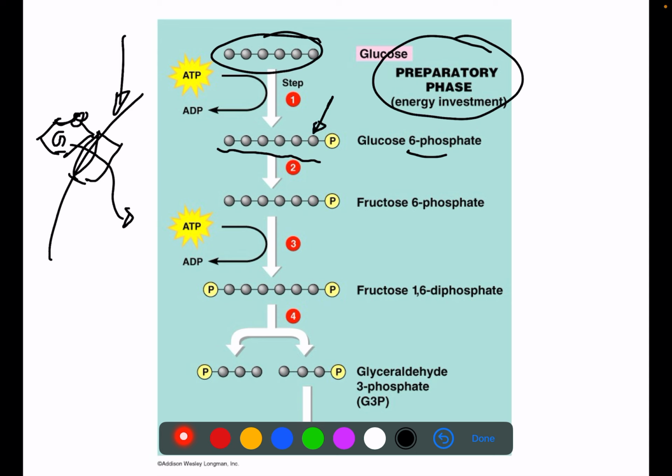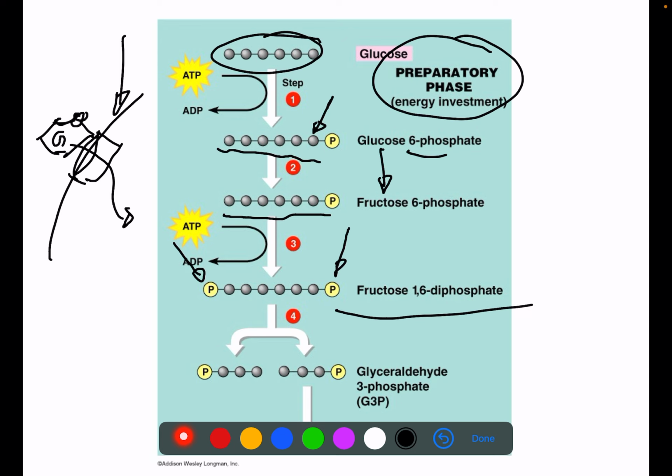There's some really interesting intuitive way of naming things in organic chemistry. And then we turn glucose into fructose. It still looks the same, right? It's still 6 carbons long, and the phosphate is still on the 6th carbon. Interestingly, we turn glucose to fructose. But then we add a second phosphate, and now there's a phosphate on the 6th and a phosphate on the 1st carbon.